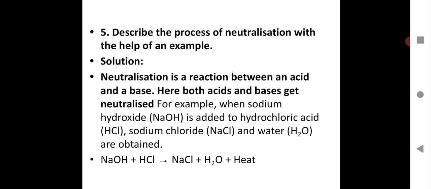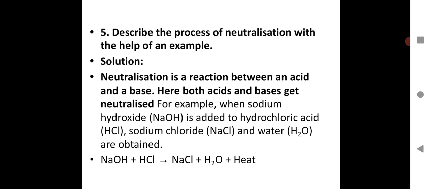Describe the process of neutralization with the help of an example. You have learned the neutralization reaction in the previous sessions. Neutralization is a reaction between an acid and a base, where both get neutralized. For example, sodium hydroxide added to hydrochloric acid gives sodium chloride, that is NaCl, and water.